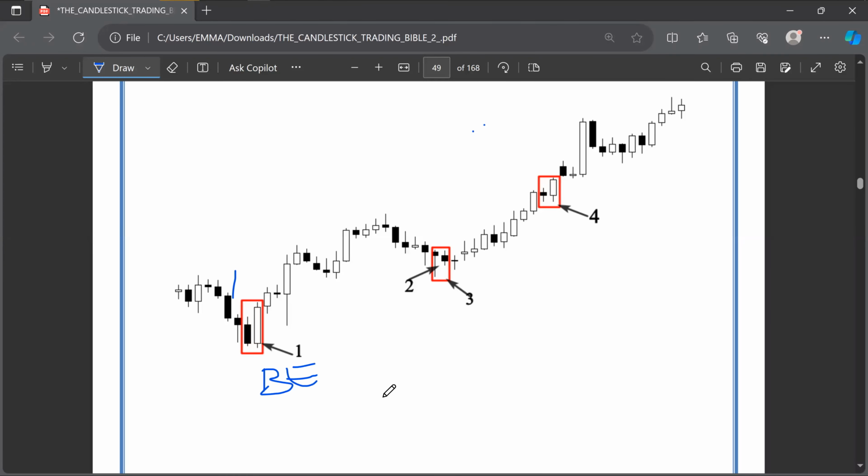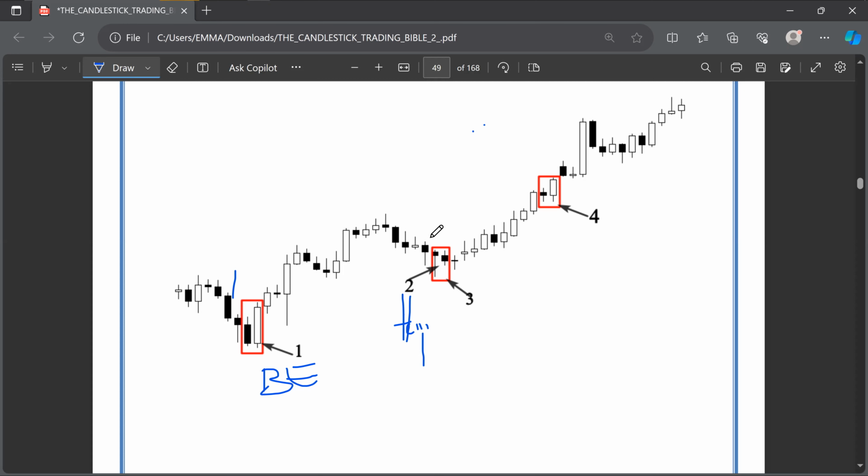This is bullish engulfing. Then when I take only one, this one, I can say this is a hammer. Taking only the first candle in that could be the hammer, right? That is the hammer, or the pin bar hammer type.